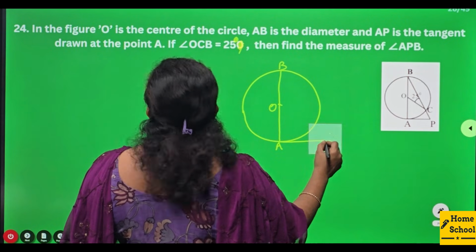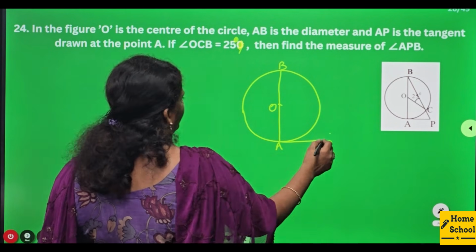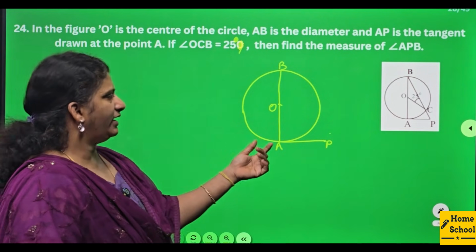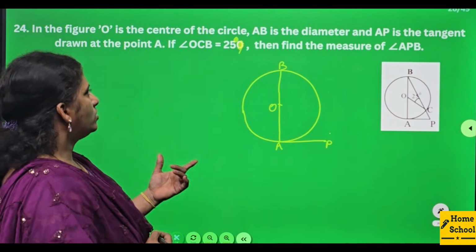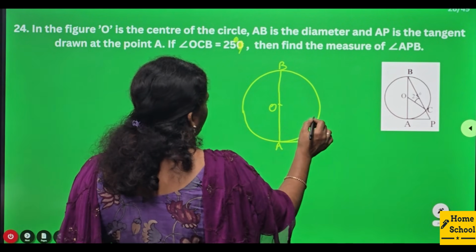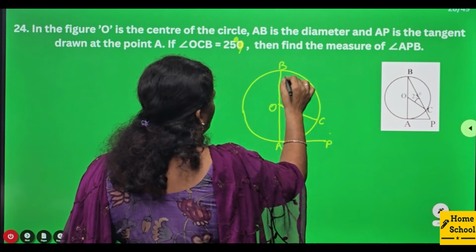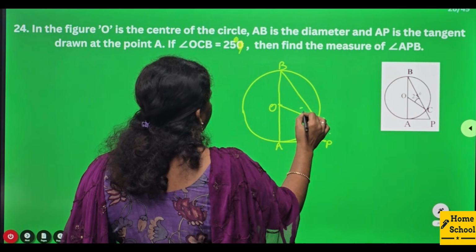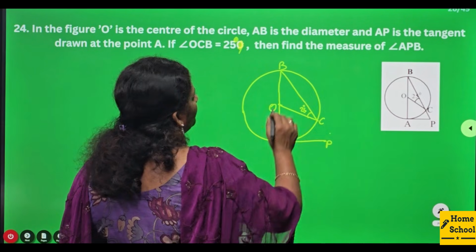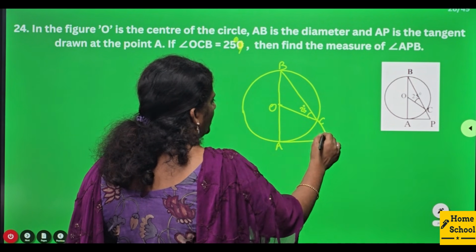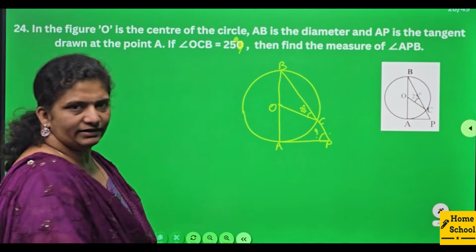This is a point P drawn at a point A. AP is a tangent drawn at a point A. Right. So, angle OCB, here there is a point C. Angle OCB is equal to 25 degree, given. Then find the measure of angle APB. This one we need to calculate.